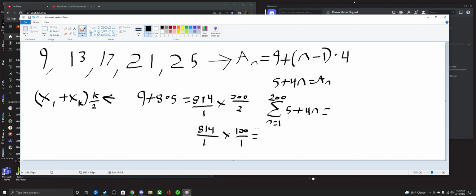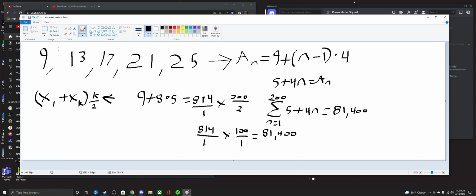This is pretty easy, you just multiply it out, and that gets you 81,400. So we would say the sum of this sequence as n goes from 1 to 200 of 5 plus 4n would be 81,400.